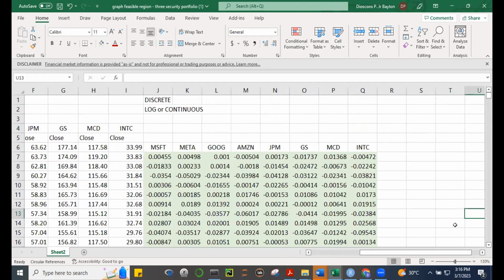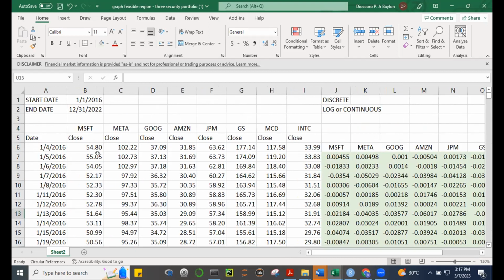We learned the difference between the discrete returns or simple returns, where you're just getting the average growth rate from one point to another point. So for the simple returns, it's just this amount divided by this minus 1.